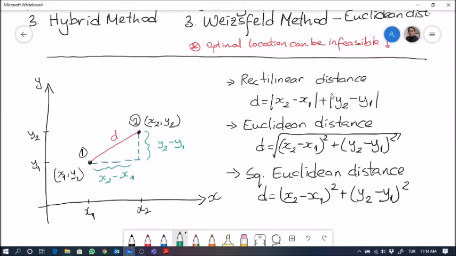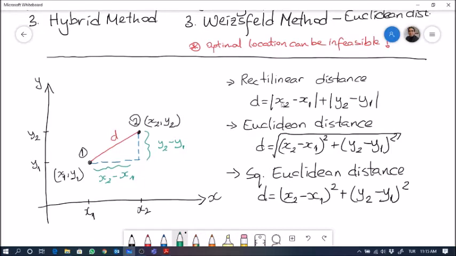The rectilinear distance between point 1 and point 2 is the horizontal distance plus the vertical distance that we travel. It means that we cannot travel directly from one point to another through the shortest path. We have to follow a horizontal path and then a vertical path.